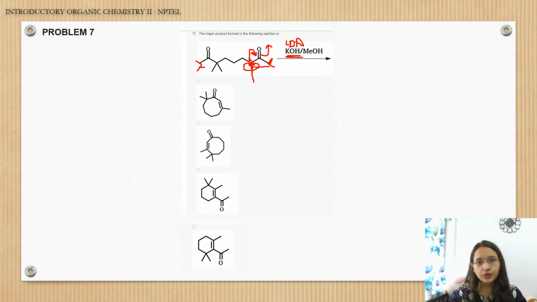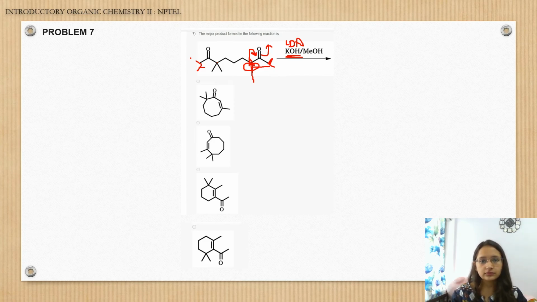This is the side which is more hindered, because this is a primary carbon and this is also a primary carbon, but this is the secondary carbon. So these have hydrogen, and if you abstract the proton from here, you will end up with a more stable thermodynamic enolate. That is why KOH will abstract the proton from the secondary carbon to form the thermodynamic enolate, because it is not sterically hindered. Is it clear now?